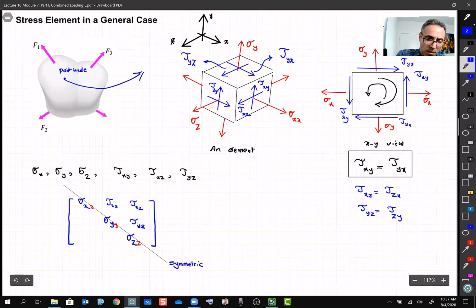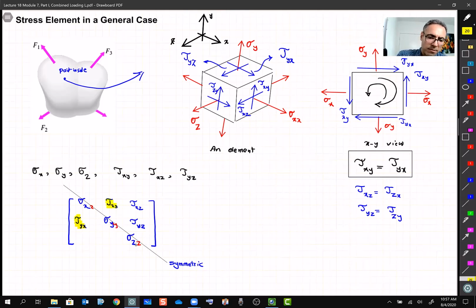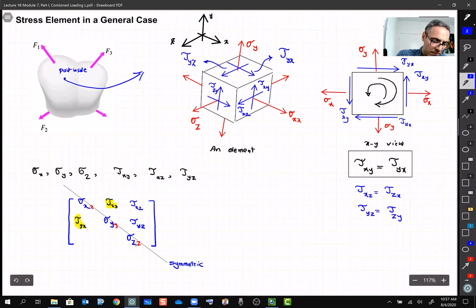Because you just saw that this guy is tau yx, but we just saw that tau yx and tau xy are equal, right? And similarly, this one is tau zx and tau zy.